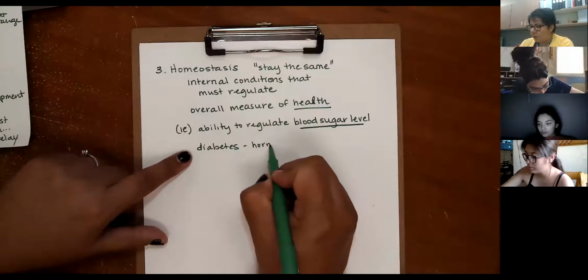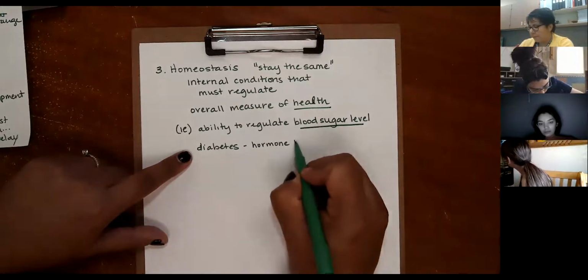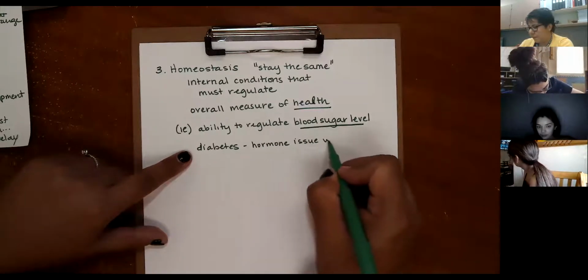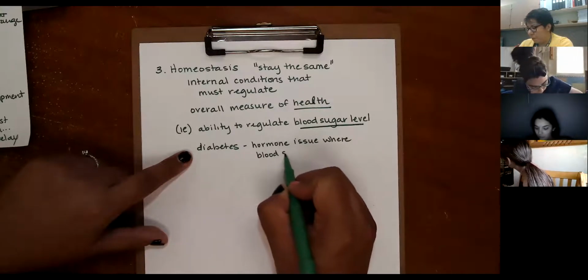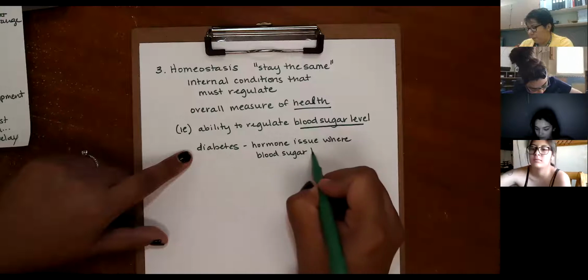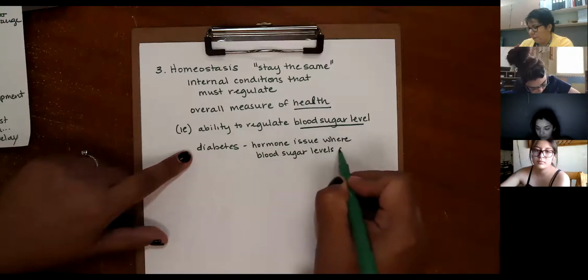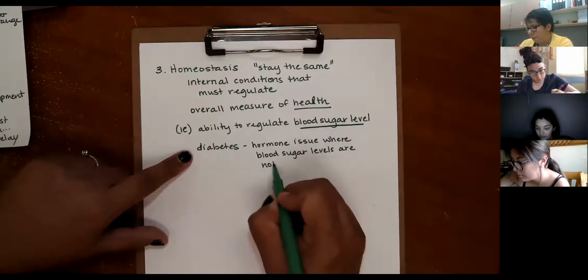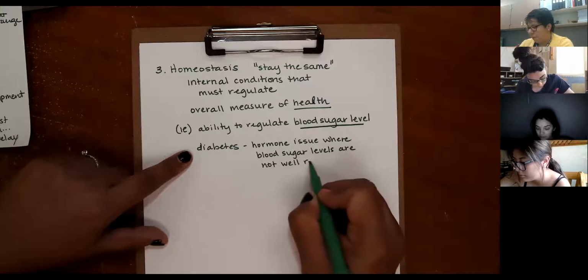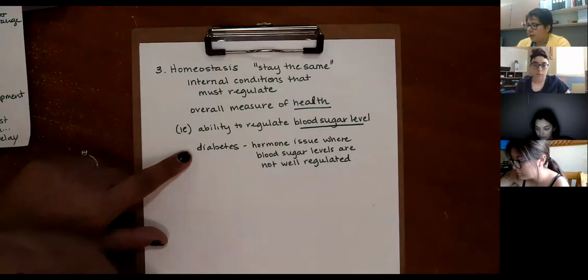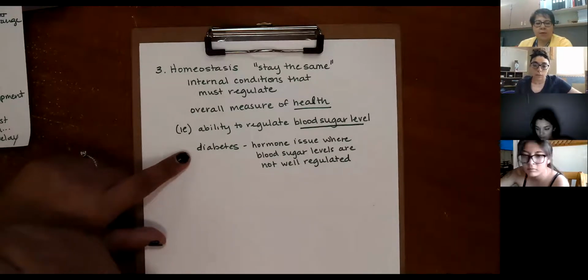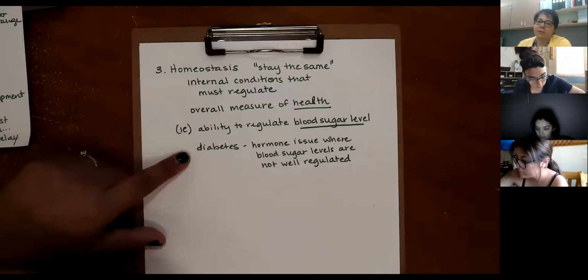This is a hormone problem. So this is a situation where hormones are just not working the way they need to be working so that blood sugar levels are well regulated.